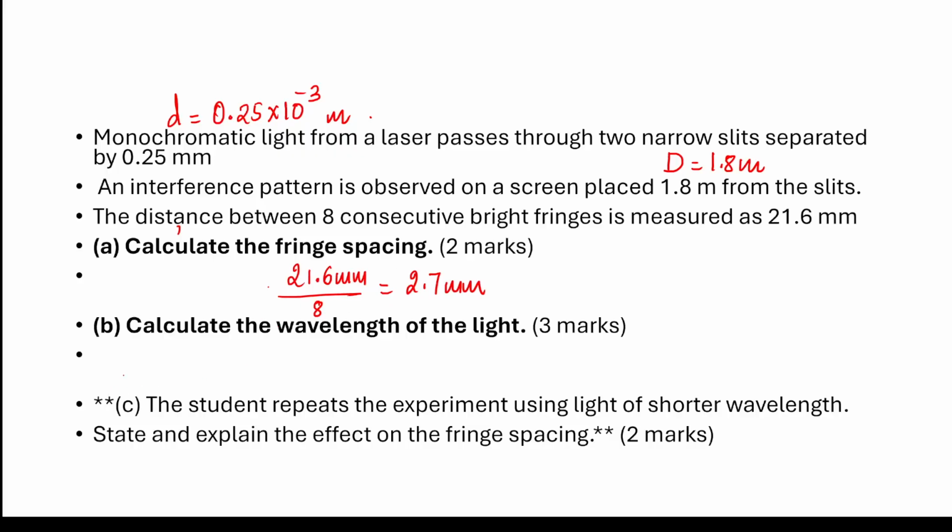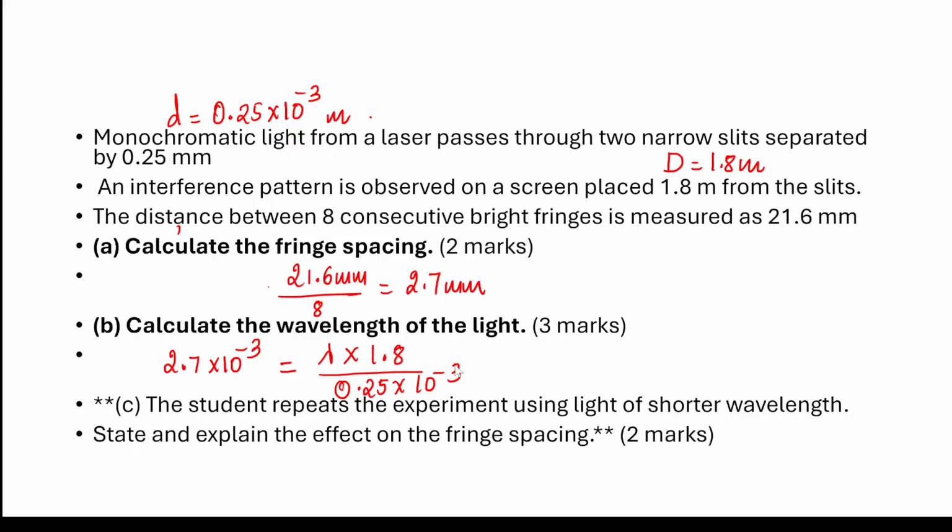So now I know the fringe width, so I'm going to use fringe width, converted into meters first, equals lambda D over d. Lambda we don't know, capital D is 1.8, small d is 0.25 times 10 to the power minus 3. Use your calculator, rearranging, you can rearrange it.